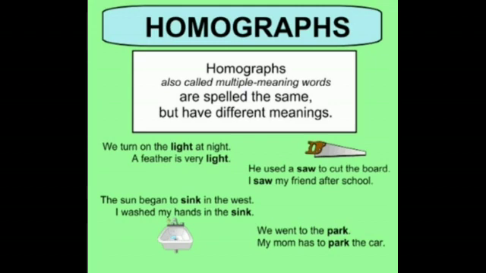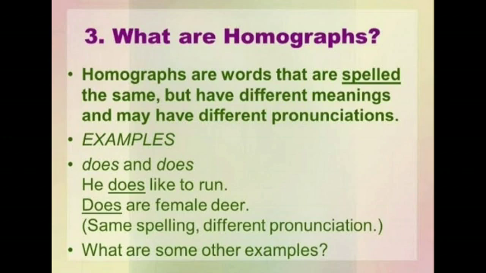For example, the meaning of light is different in both uses of the word. So, what are homographs? Homographs are words that are spelled the same but have different meanings and may have different pronunciations too.